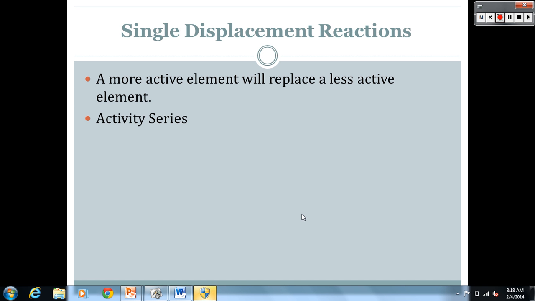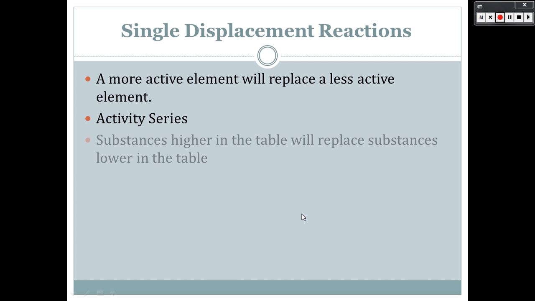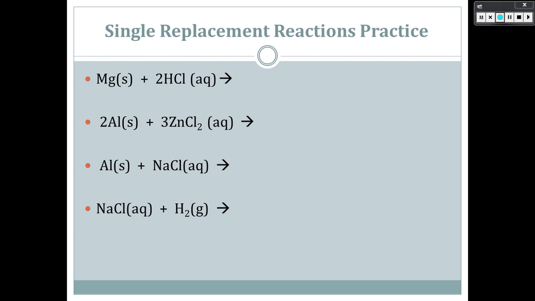Okay, so substances higher in the table will replace substances lower in the table. What I want you to do now is, here are 4 single replacement or displacement reactions. I want you to figure out which ones will occur, which ones will have a reaction and which ones will not.